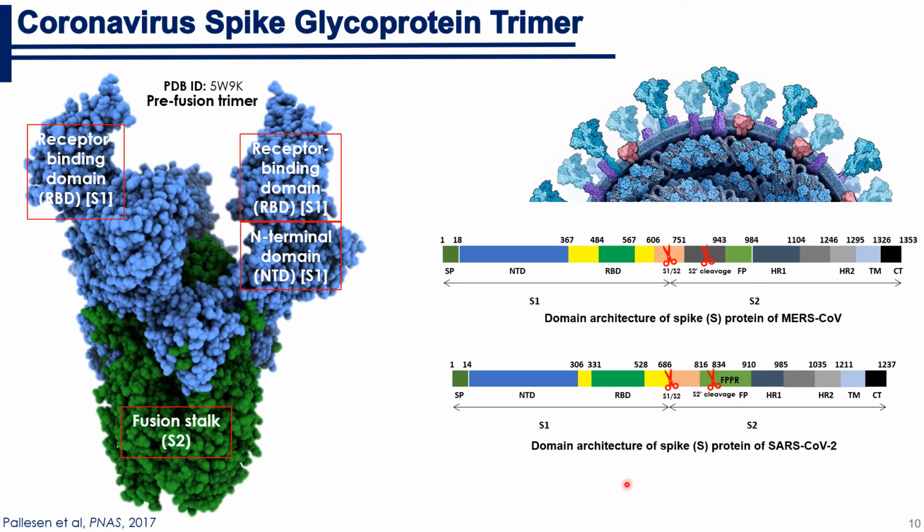And this is the domain architecture of the spike protein of SARS-CoV-2, and a single protomer is somewhere around 1237 amino acids long. These are the domain architectures of single protomers, and three of these protomers assemble to form the spike glycoprotein trimer.